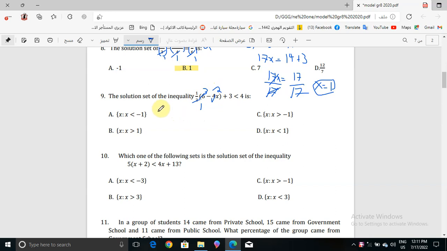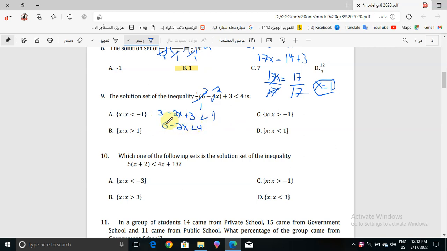That means 3 minus 2x plus 3 is less than 4, right?